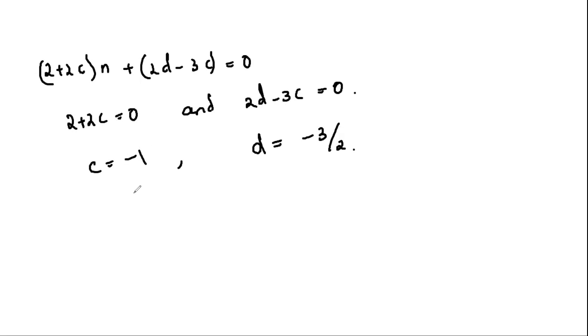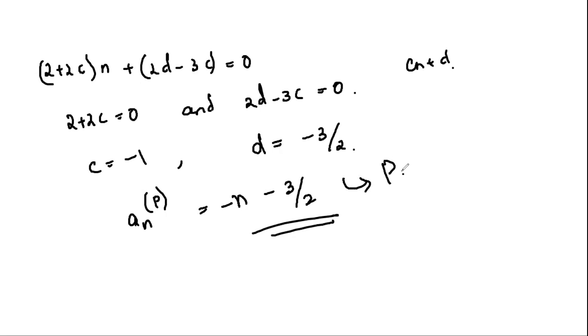Then what will our an of p become? Our actual expression was cn plus d, so instead of that, we have to substitute the c and d values. So it will be minus n minus 3 by 2. This is the particular solution for our f of n.